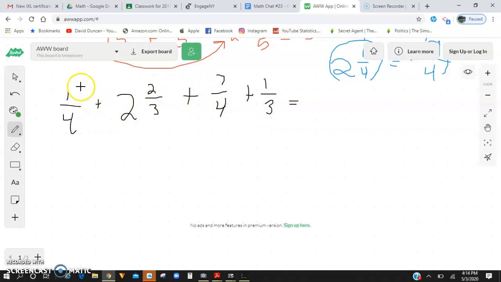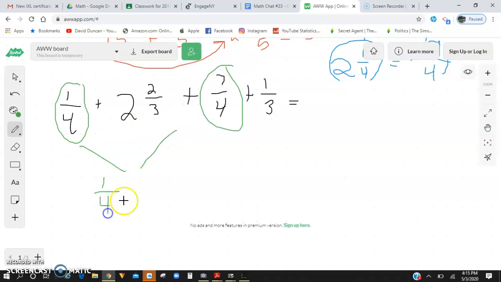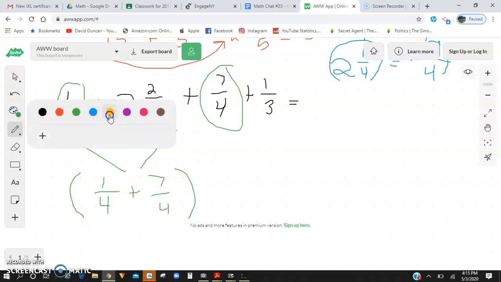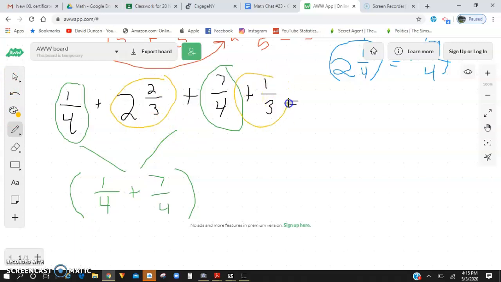I'm noticing that I have 2 fractions with denominators of 4. I have 1/4 and 7/4. So I'm going to pull those down here. I have 1/4 plus 7/4. I'm going to put that in parentheses so you guys can solve that one. And then my other numbers that have common denominators are 2 2/3 plus 1/3.